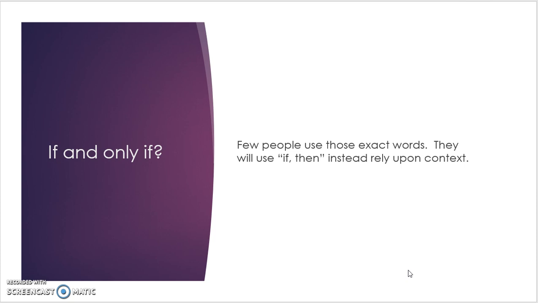Now, a true if-then would be something like, "If I get an A on every assignment and test, then I'm going to get an A in the class." Quite true. Now, is that the only way to get an A in the class? No, there are other ways.